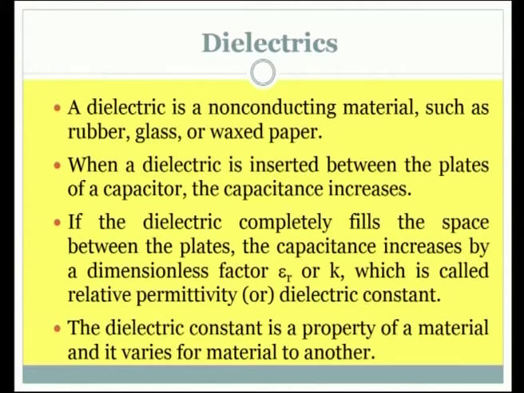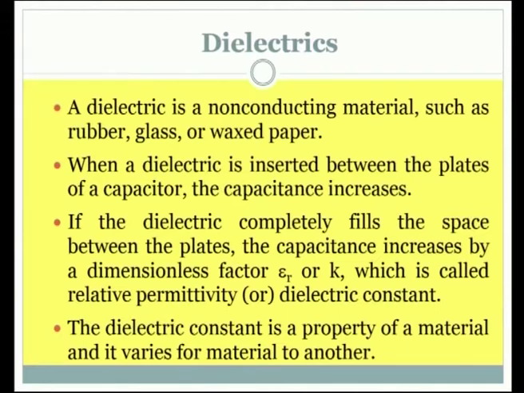If the dielectric completely fills the space between the plates, the capacitance increases by a dimensionless factor epsilon r, or it is denoted as K, which is called the relative permittivity or dielectric constant. The dielectric constant is a property of a material and it varies from one material to another.